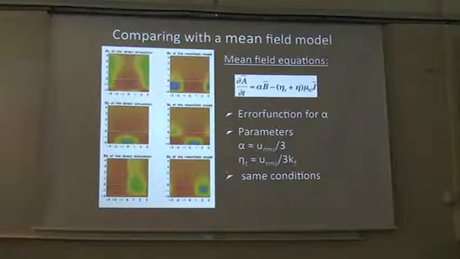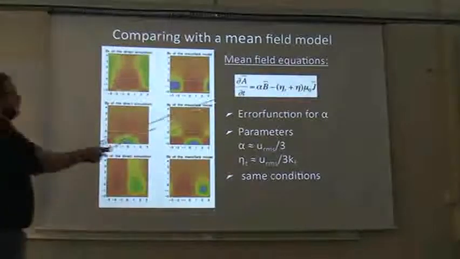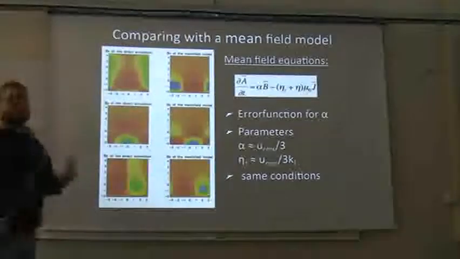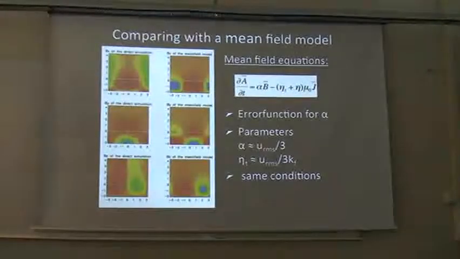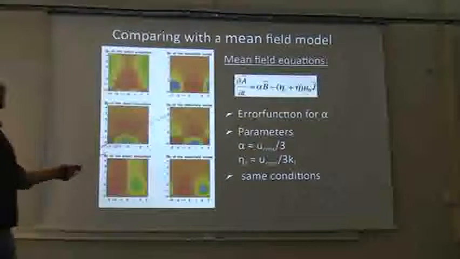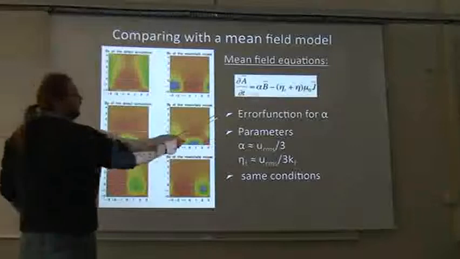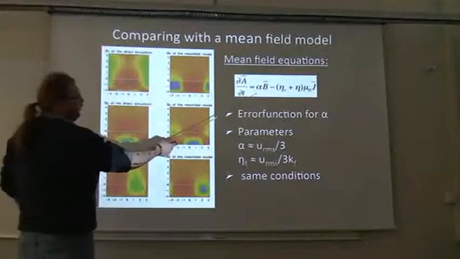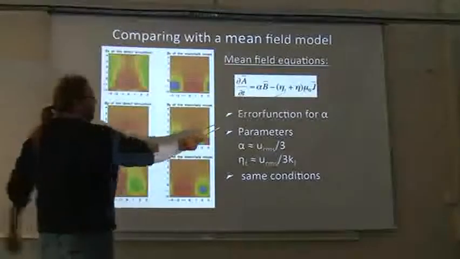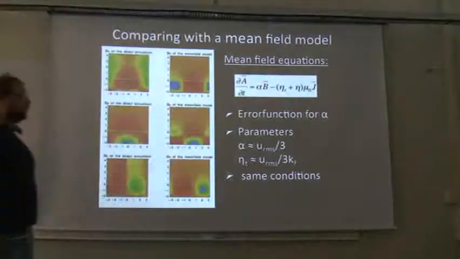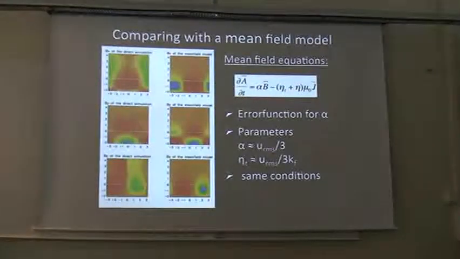Then I compare my simulation with a mean field model, just solving this equation. The mean field model is one model to describe a dynamo, and you have an alpha here, which is the strength of the dynamo on the turbulent layer.